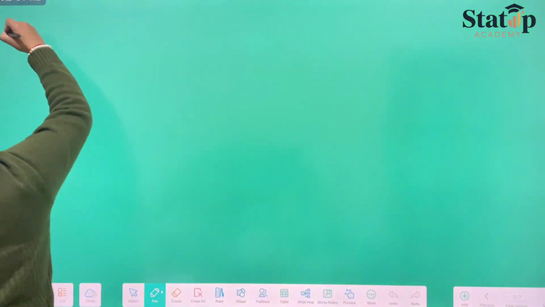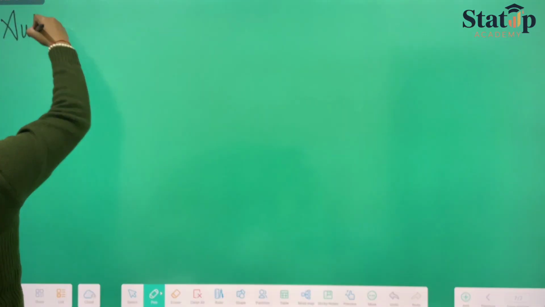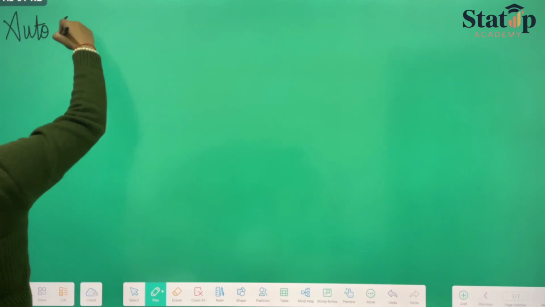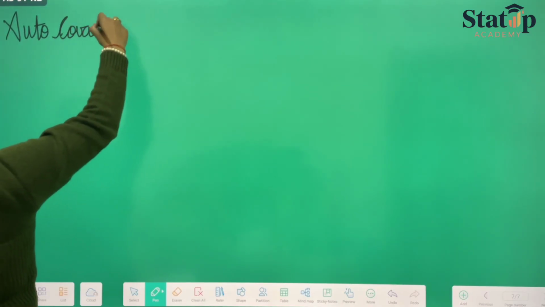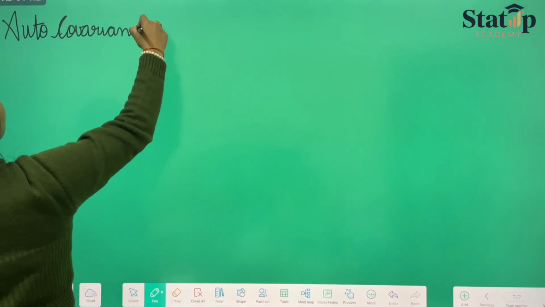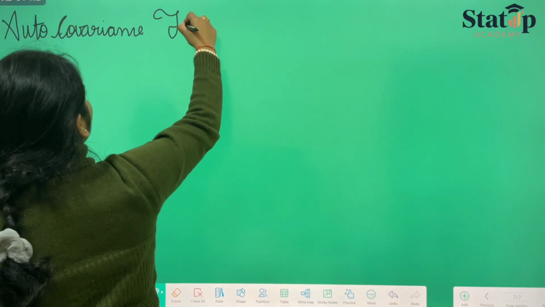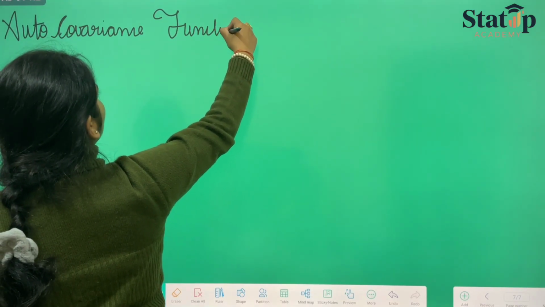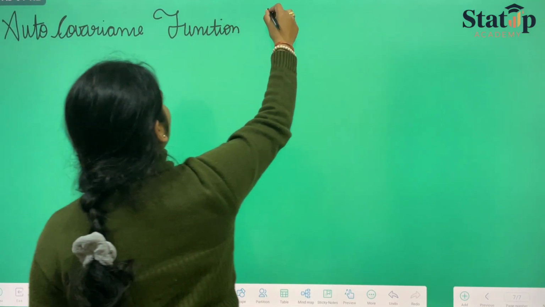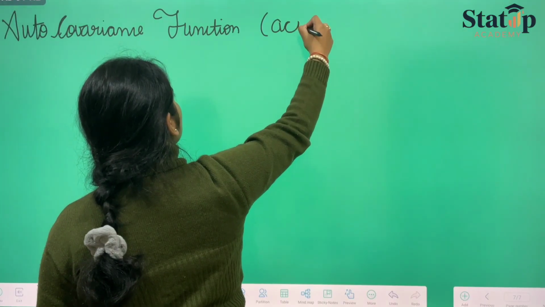Now, what is the autocovariance function? The second one would be the autocovariance function, or it can also be written as ACVF.